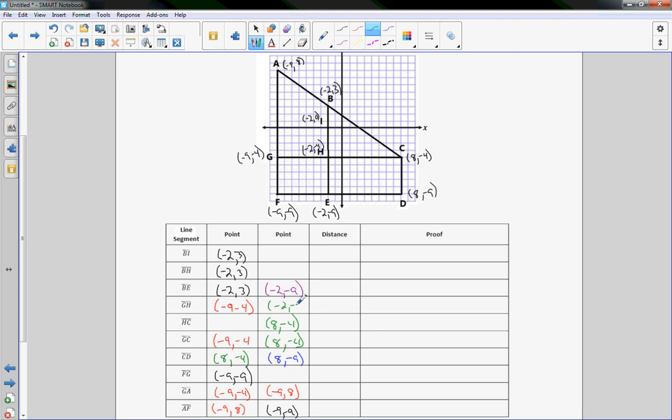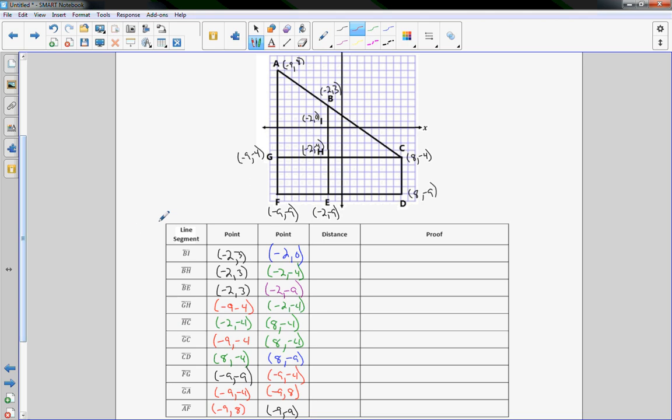That will go here and here and here. And then I is -2, 0. I missed a G here. G is -9, -4.